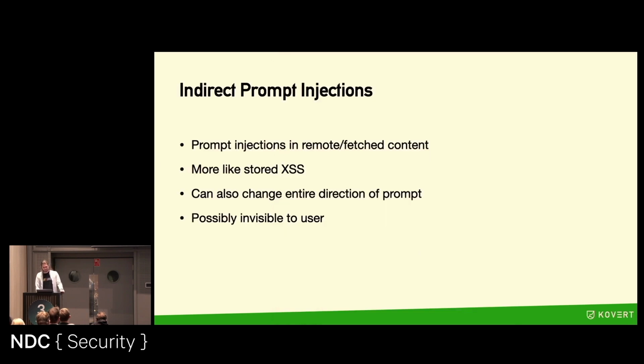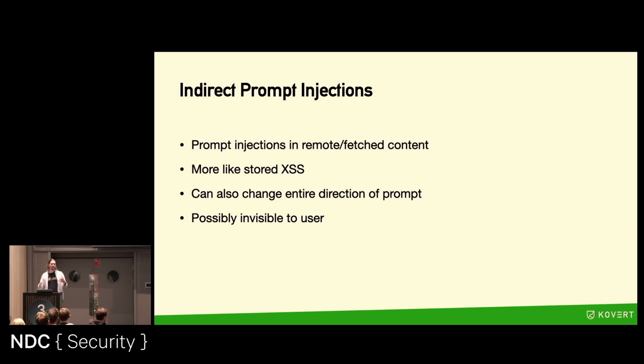There you go. So okay, indirect prompt injections. I mean, they're just as bad, really, but they could be even worse in many instances. This is where a prompt injection would be stored in data that is fetched from the internet. For example, ChatGPT can fetch data, can Google things or Bing things, I guess.